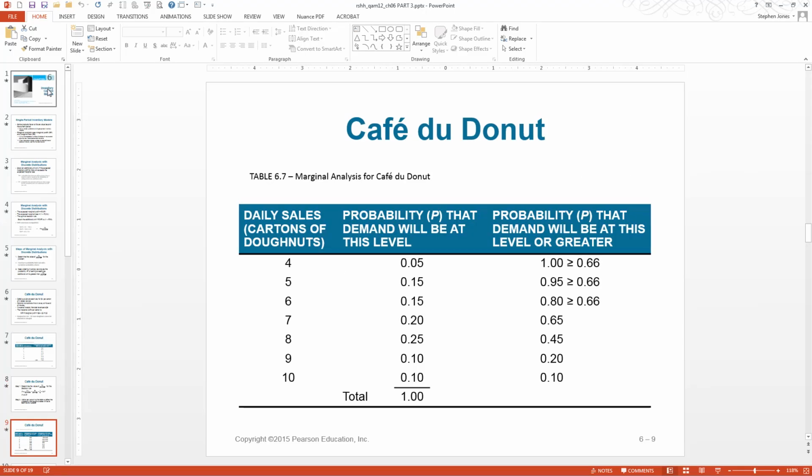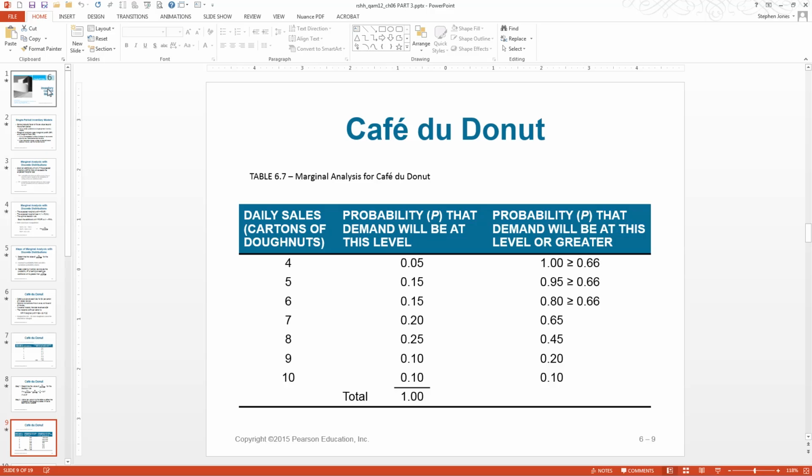Okay, so we know that we're going to sell at least 4 cartons of donuts. We're going to continue to buy donuts. So we'll buy at least 4 cartons, and there's a 100% probability that we are going to sell that. P equals 1 at this point. When we get to 5 cartons, it's at a 0.95 probability. So definitely we're going to be able to sell the 5 at the 0.95 probability there.